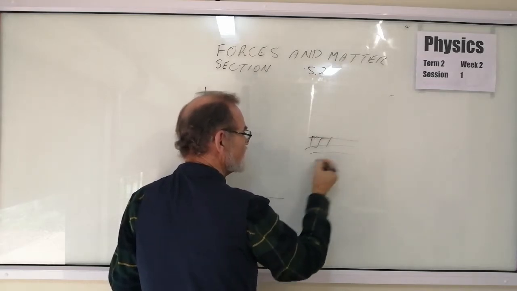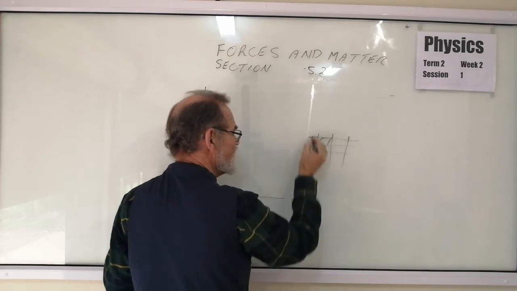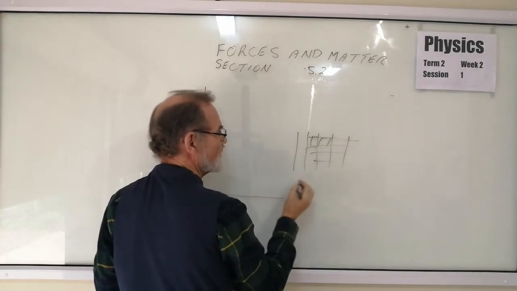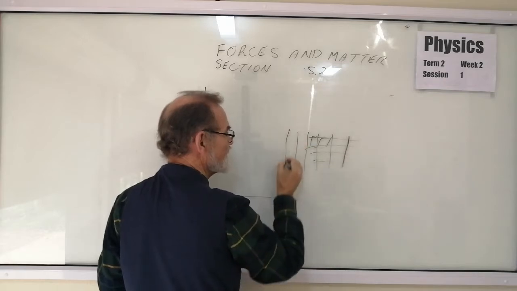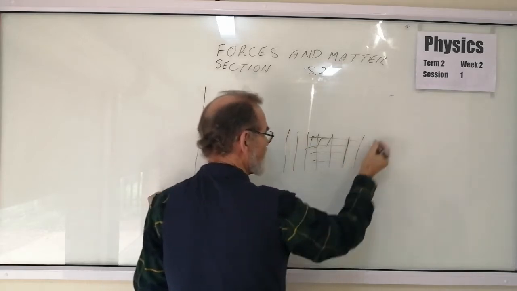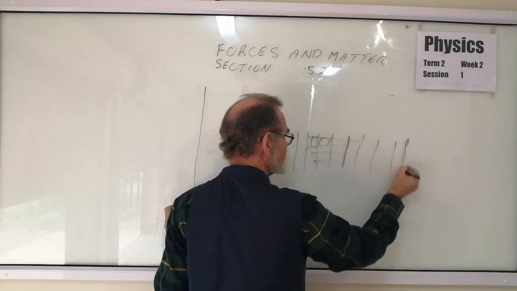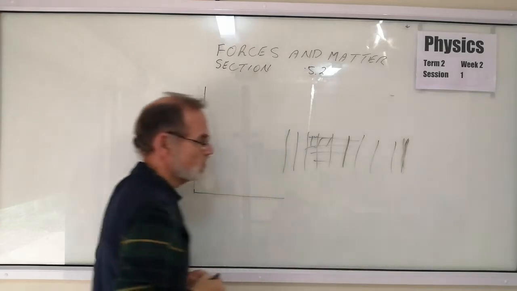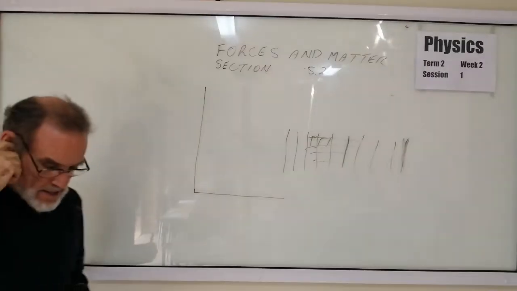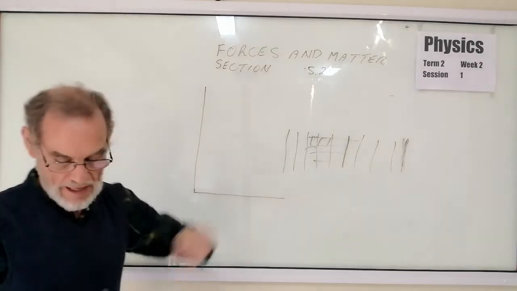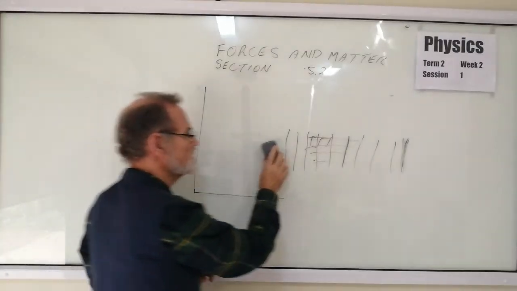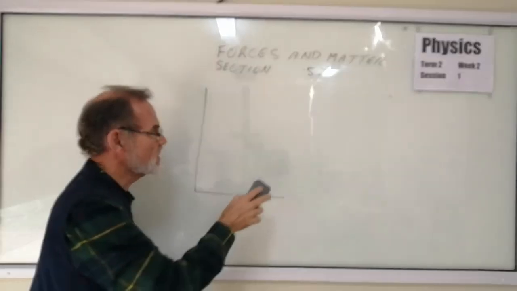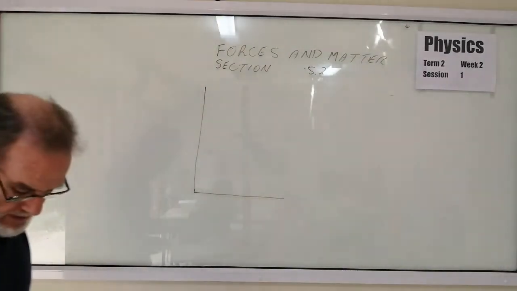So every 5 blocks, the line is a bit thicker, okay, and every 10 blocks, the line is thicker still. So if you don't have graph paper like that, we're going to use the block paper, and we're going to count the blocks, and we're going to draw the lines.